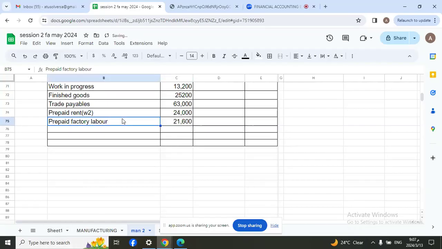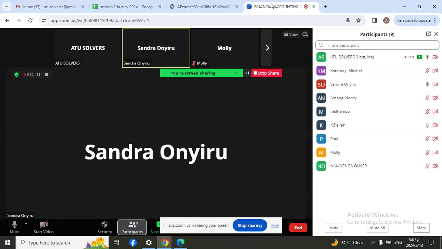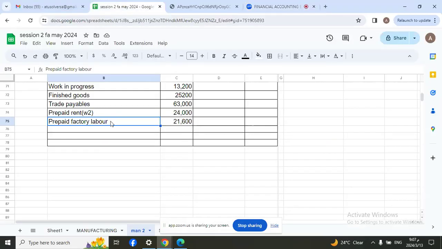Okay. What else do we have? Are we supposed to have trade payables or trade receivables? What did I write? Payables. Receivables, not payables. Receivables of 63 million.